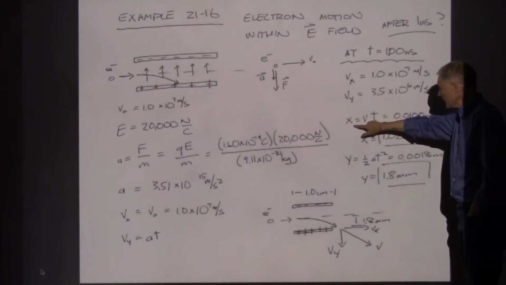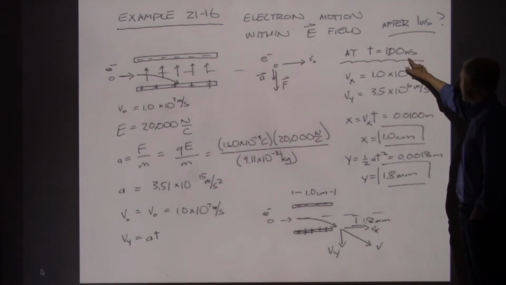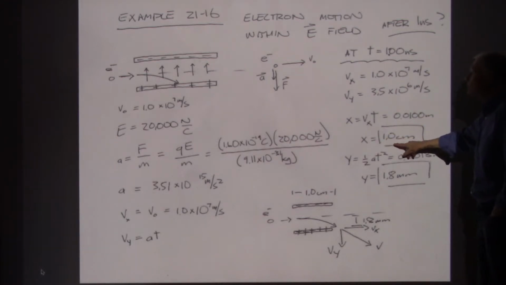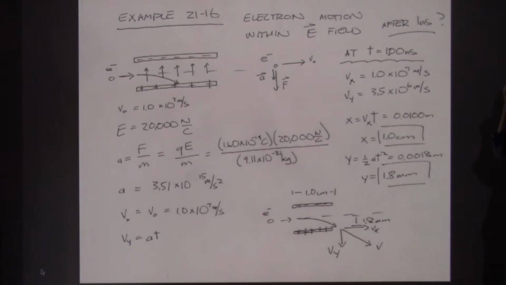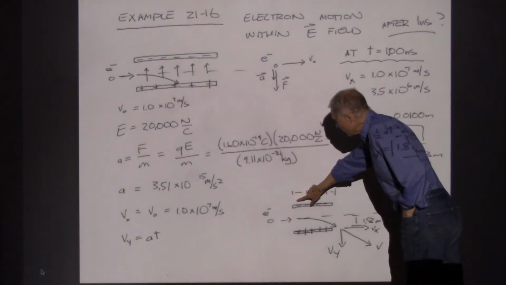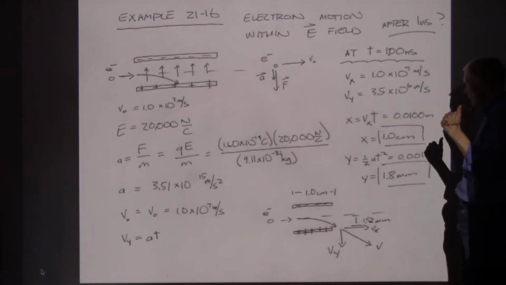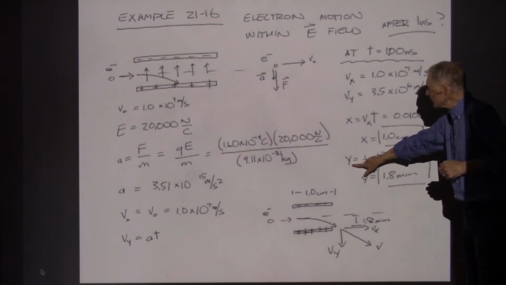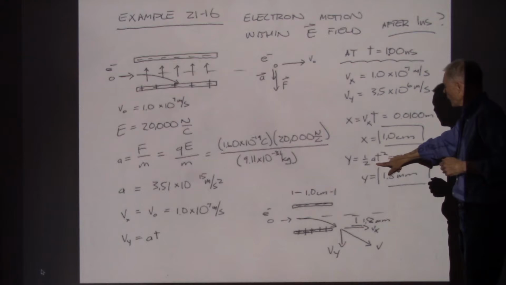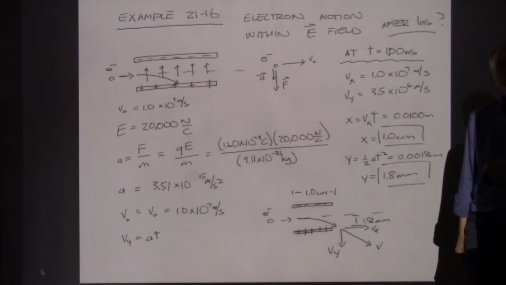Now, the location after 1 nanosecond: it will have traveled a distance of 1 centimeter. I'm trying to get an idea of what happens after 1 nanosecond. It will have traveled 1 centimeter in the x direction. How far will it have been pulled off course? It will have moved off course by 1.8 millimeters.